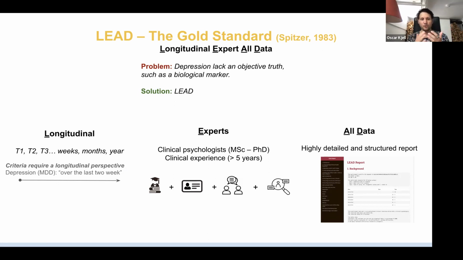So we have followed more than 1,000 participants. We started to follow them for 10 weeks. And then after 10 weeks, we got all their responses where they answered both rating scales and open-ended language questions. And we structured this into a highly detailed and structured report that we showed to clinicians.